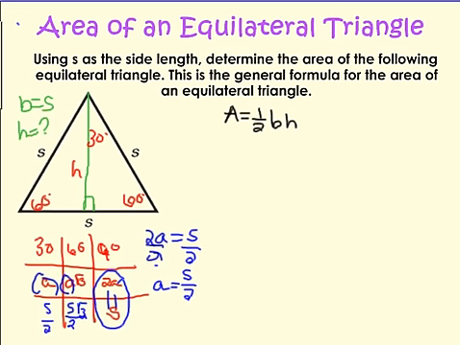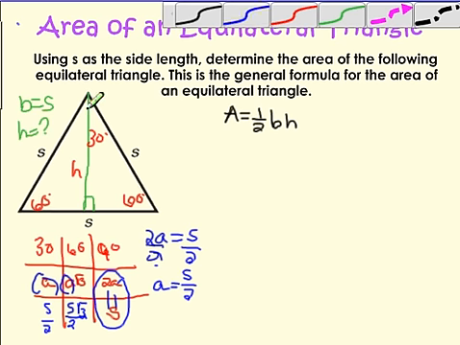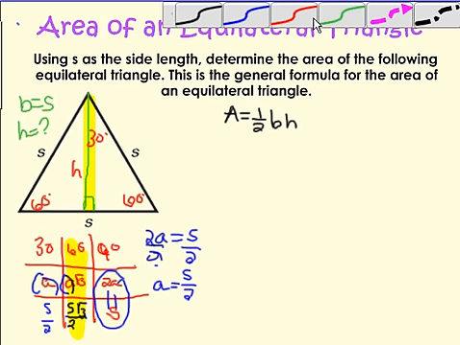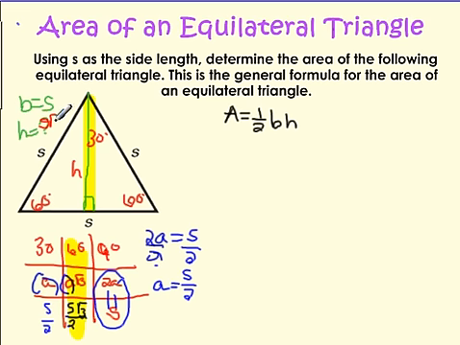Which means then, if the height of our triangle is the side length across from the 60-degree angle, our height is now known. We can say that the height of this triangle is going to be S root 3 over 2. Since we have both our base and our height, we can substitute these values into our original area for a triangle formula.